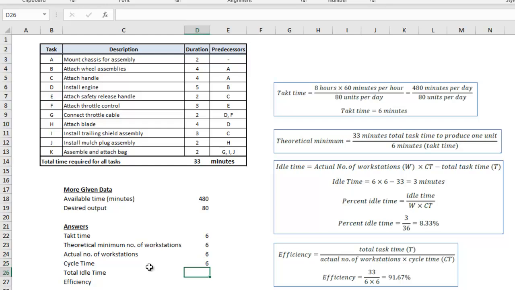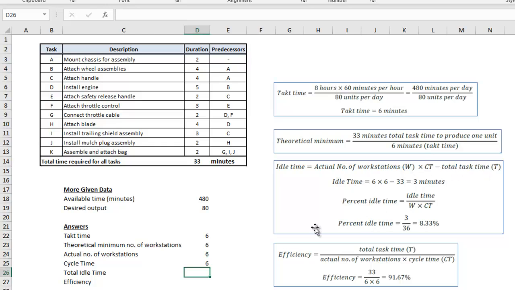And now we're going to do step 7, where we evaluate the design of the production line. We've identified the cycle time. Now we have to find the total idle time and then measure the efficiency of this line. To get the total idle time, we take the actual number of workstations times the cycle time minus the total task time.